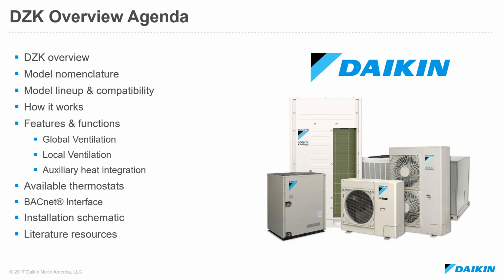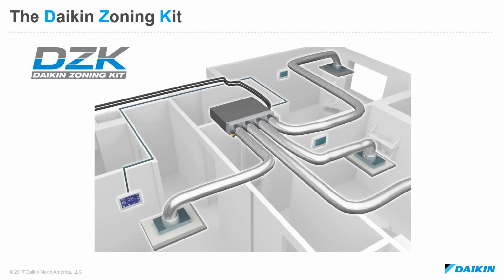And then we'll just go through how exactly the DZK works, the features and functions, including global ventilation, local ventilation, and the integration of auxiliary heat with the DZK. Then we'll look at the available thermostats in the DZK lineup, the optional BACnet interface, an installation schematic, and then last we'll just wrap it up with a reminder of where the literature resources are for the DZK.